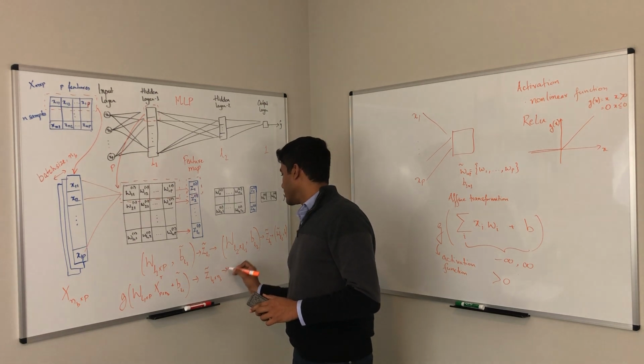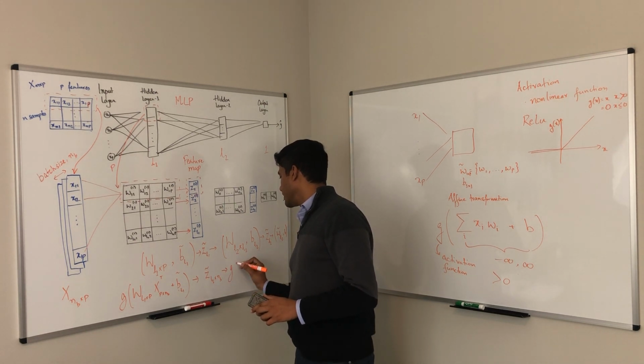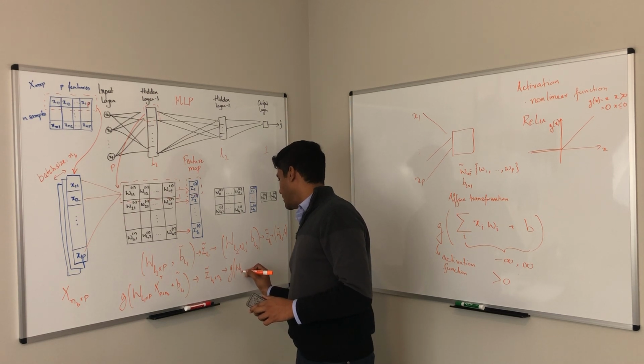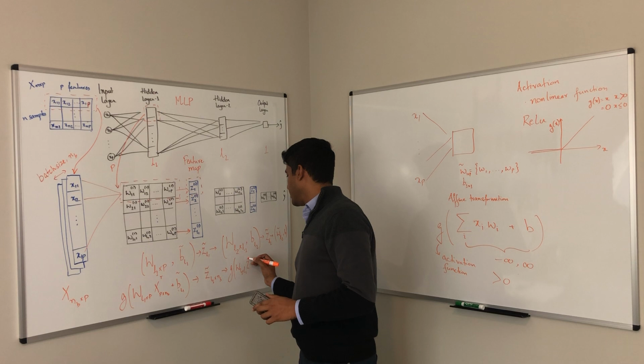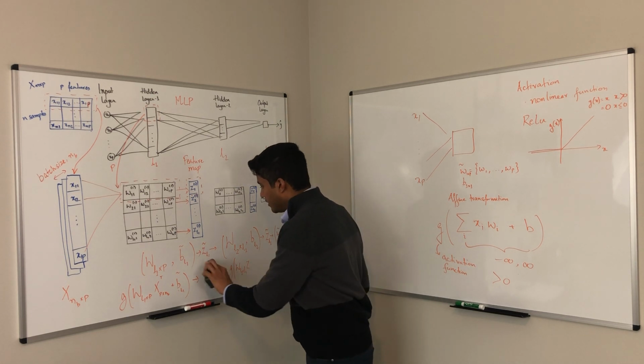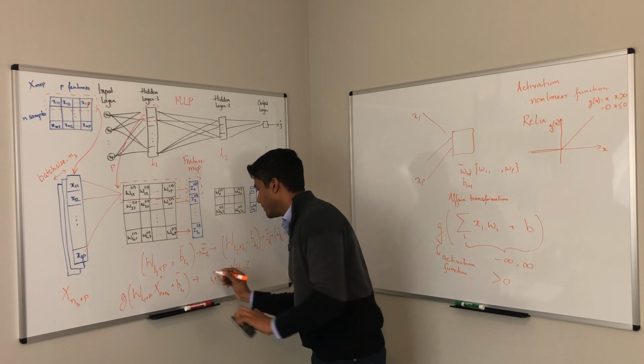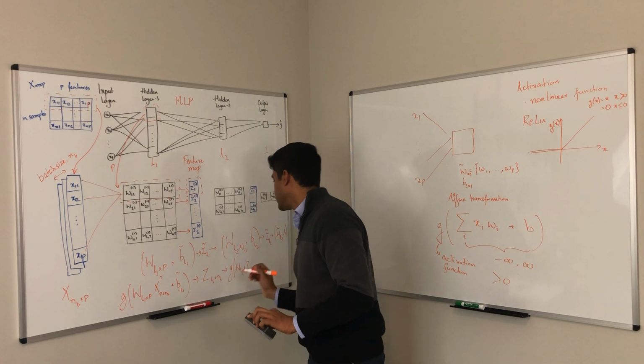And then this goes to the next part where we again do the same thing. W of L2 times L1, times here, instead of X now we have Z. Let me make it a matrix because it's for the entire batch.